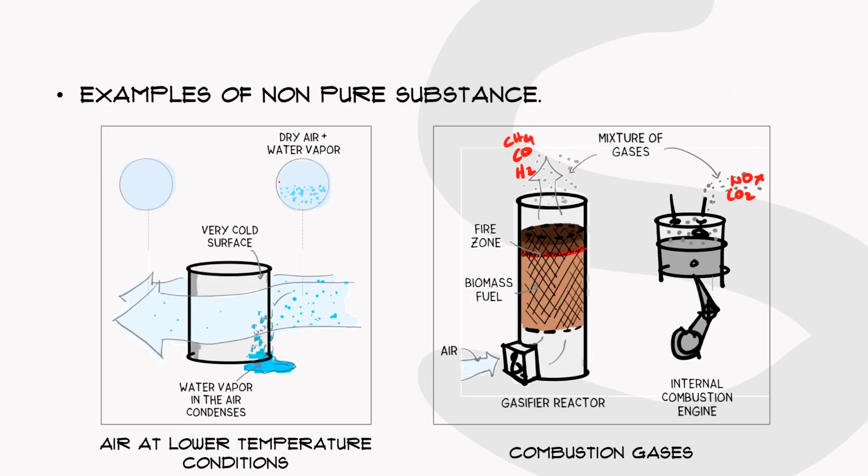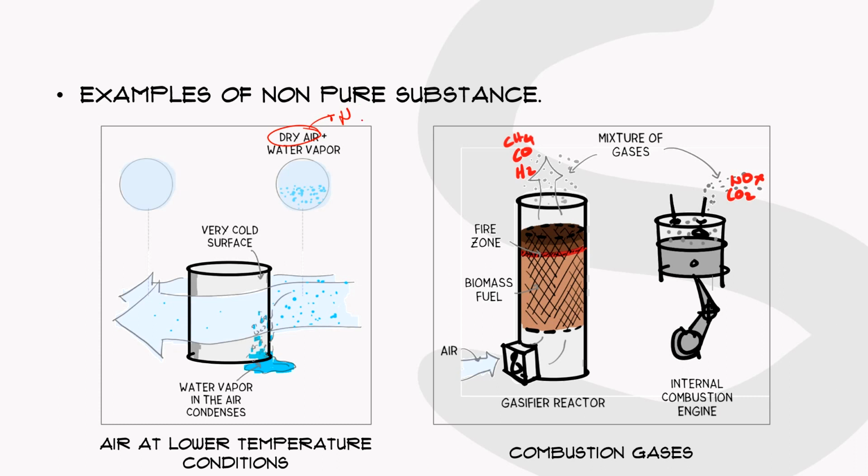Okay, so now right here in the slide, we have examples of non-pure substances. There are also working fluids that are not considered a pure substance, for example air. Air is actually a mixture of dry air consisting of various gases.